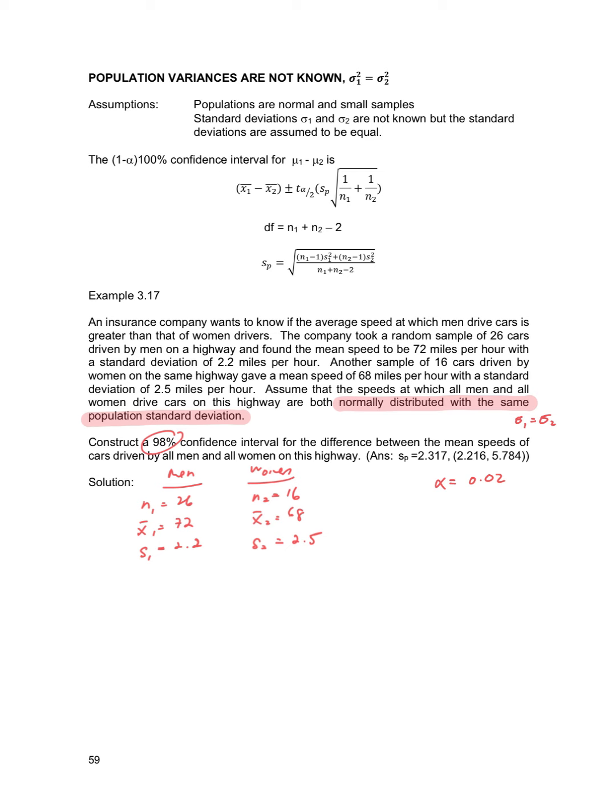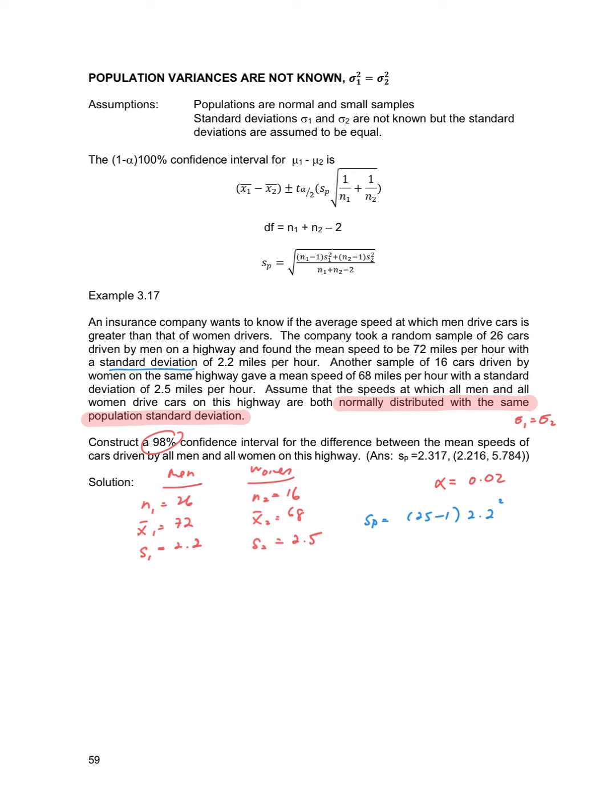Okay, so since it says the population standard deviations are equal, we will use case number 4. First we need to find the value of Sp, the pooled standard deviation. The formula is given by n1 minus 1, so n1 is 26 minus 1, times s1 square, 2.2 square. Don't forget to put the power of 2, because the value 2.2 is the standard deviation.